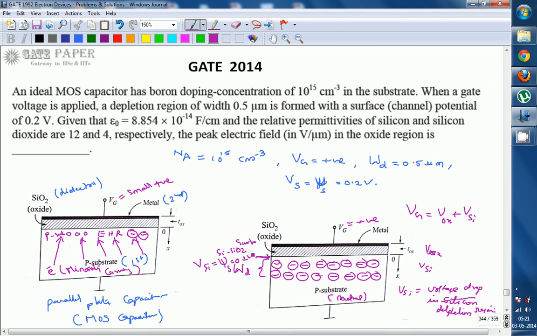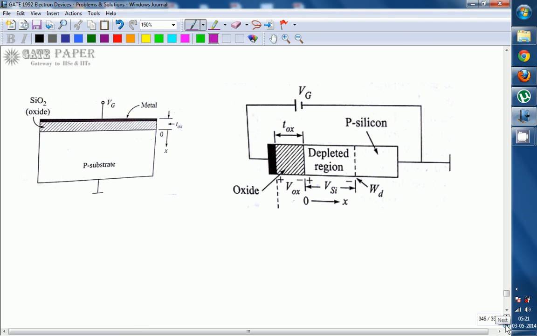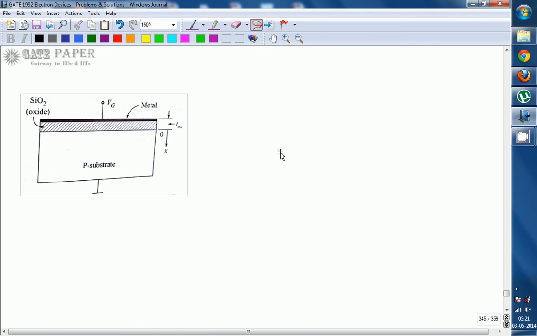In case of a small positive voltage applied across the gate, the surface potential can be calculated using VSI, which is also treated as psi SI, that is voltage.